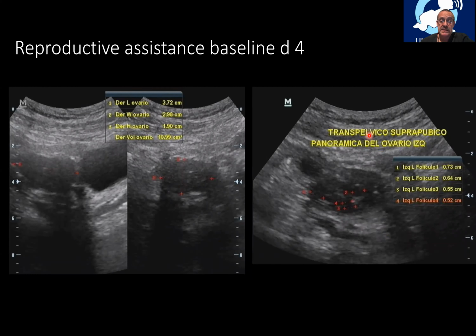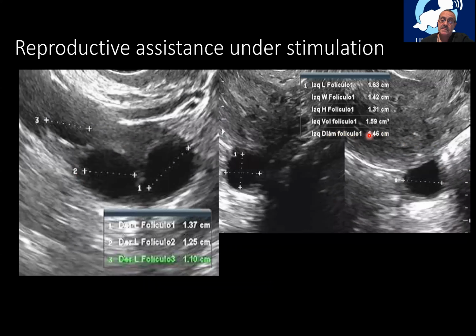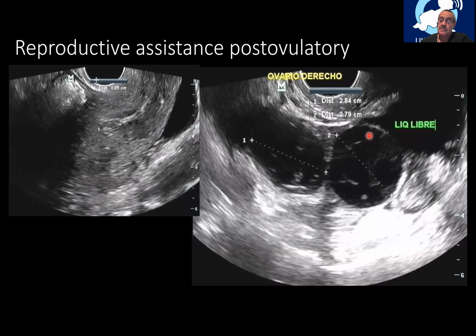And both ovaries, which under stimulation have some growing up follicles. And after the rupture of one or more than one of those follicles, we have the corpus luteum with some hemorrhage inside and free fluid.